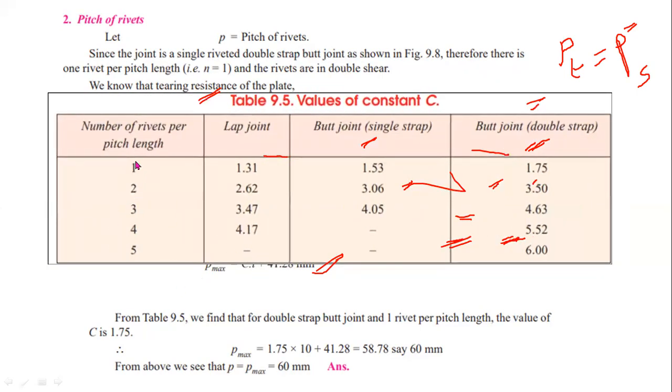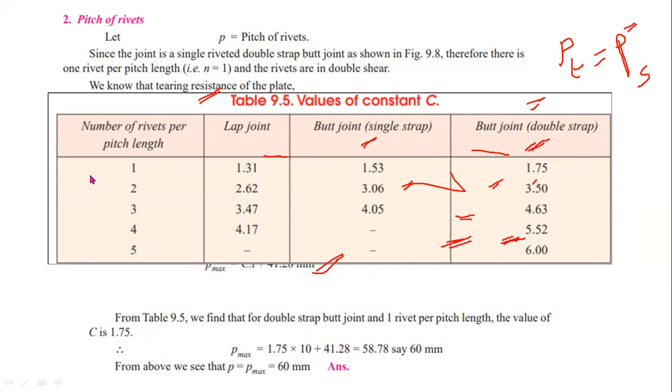Our given question is a single riveted double strap butt joint, so the C value is 1.75. 1.75 is the capital C constant value for a double strap butt joint, and here 1 is for single riveted.